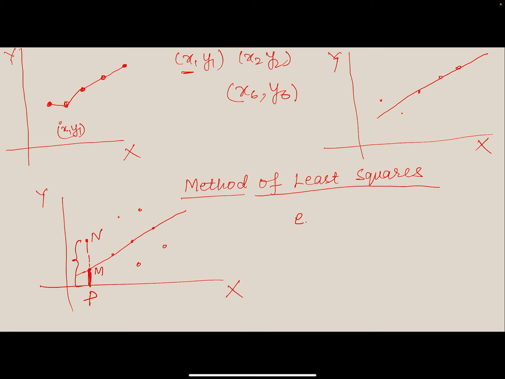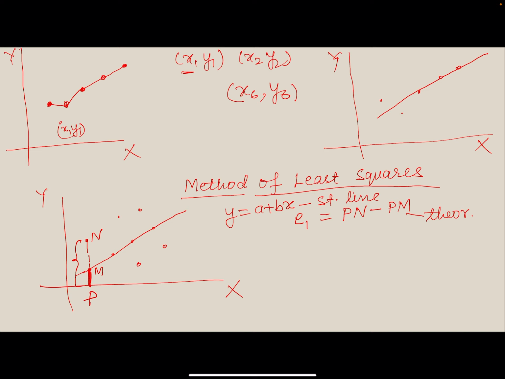If we call this error E, then the error is PN, the original or experimental value, minus PM, the theoretical value, which we fitted using the straight line y is equal to a plus bx. So this is the equation of the straight line which we are trying to fit.